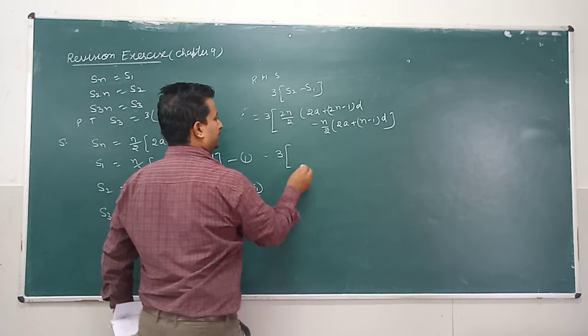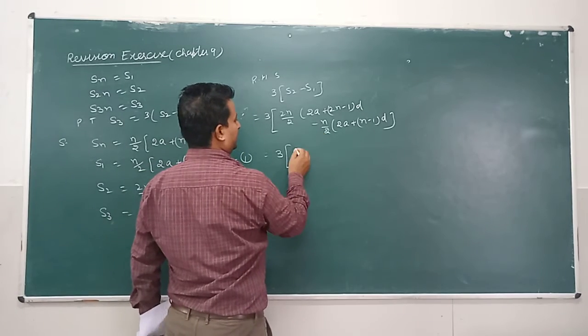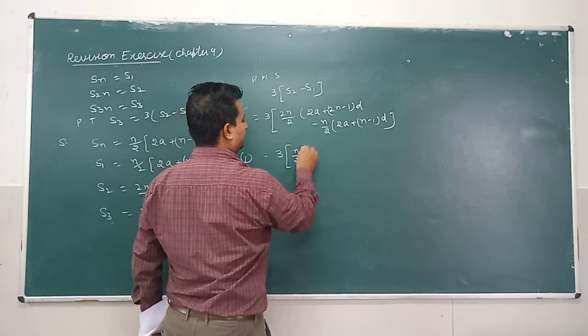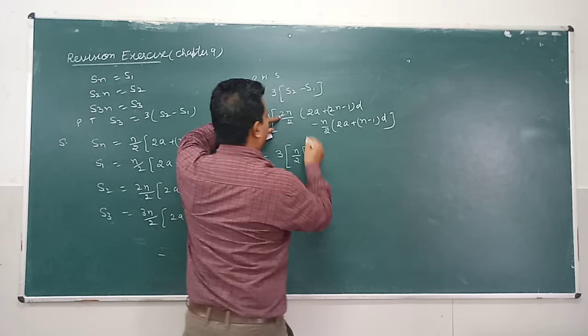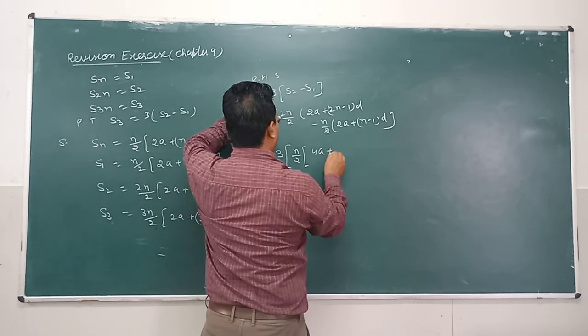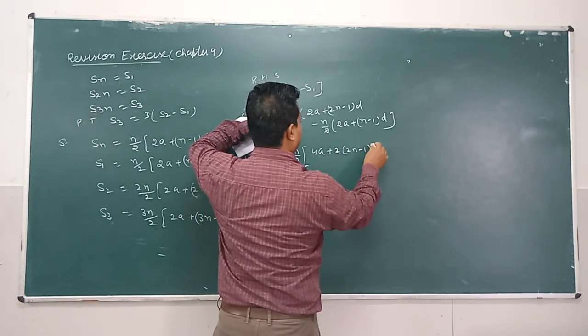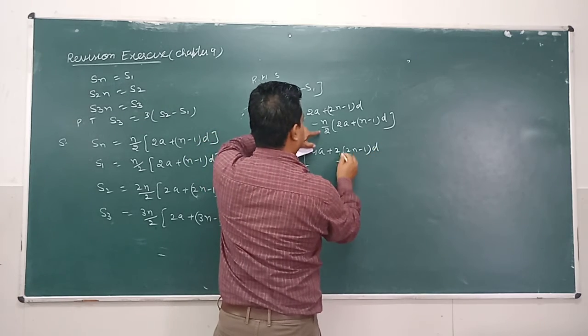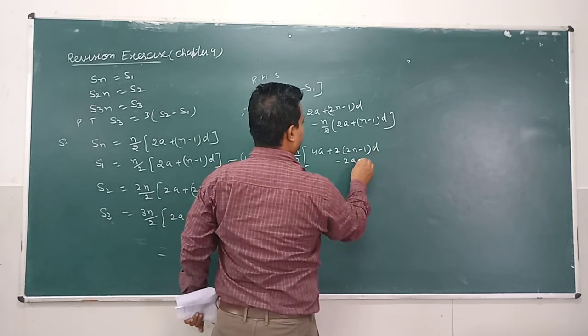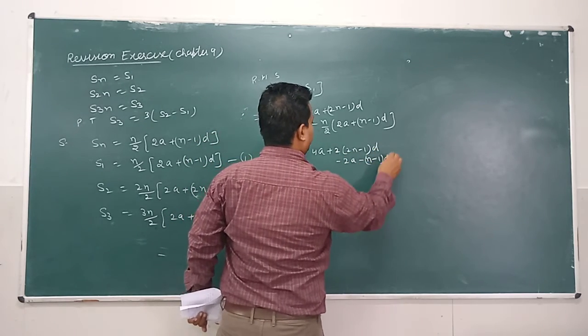This is 3. When we take n upon 2 common, this is 4a plus 2, 2n minus 1 d, minus 2a plus n minus 1 into d.